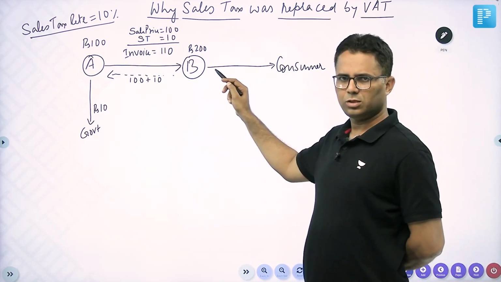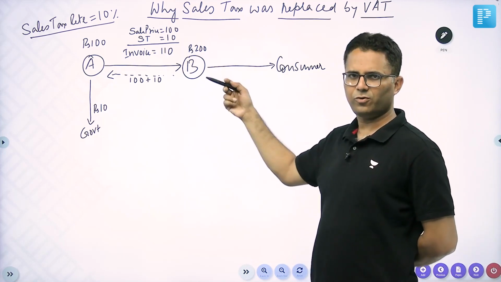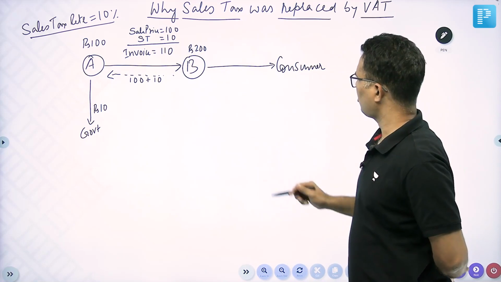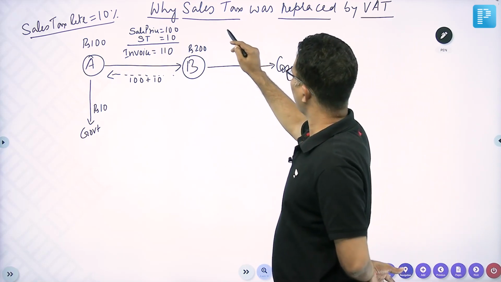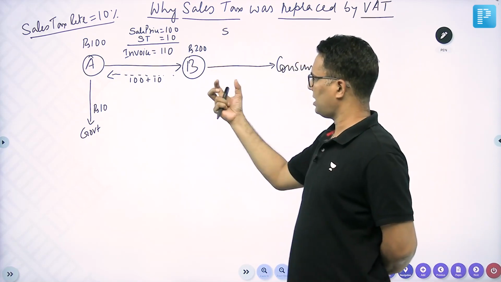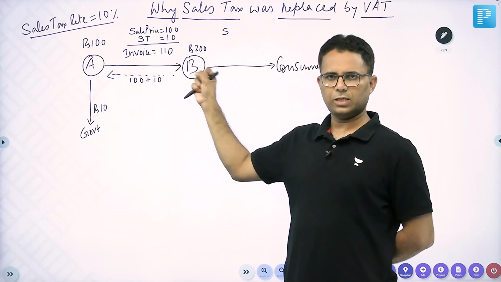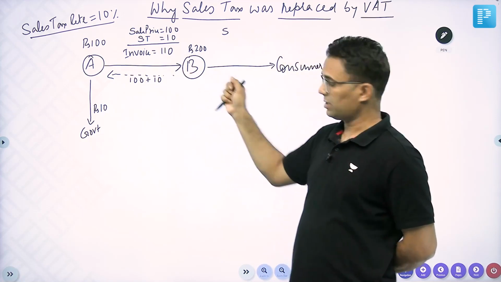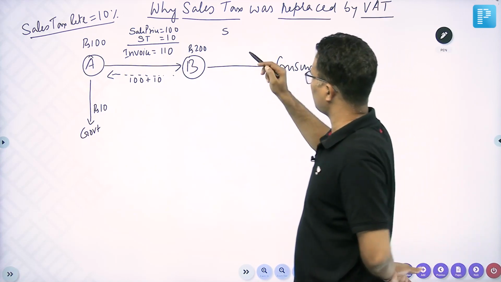So B sold the product, B did some value addition, and B sold the product to the consumer. So what billing will B do? B purchased the input for 110. B paid 110 and purchased the input, and then B sold.